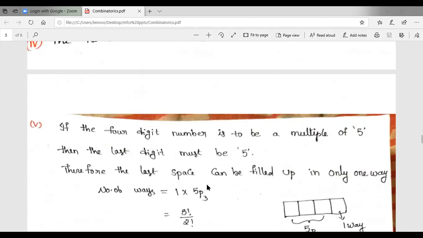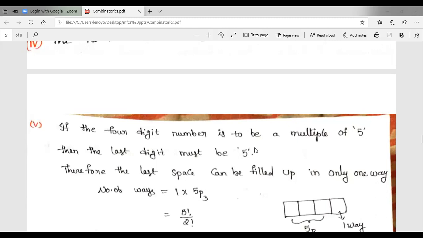Okay. So fifth question. How many numbers in the first question are a multiple of 5? If the 4-digit number is to be a multiple of 5, then the last digit must be 5. In the given digits, we have the multiple of 5, which is 5 itself.